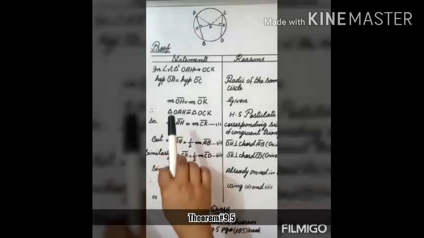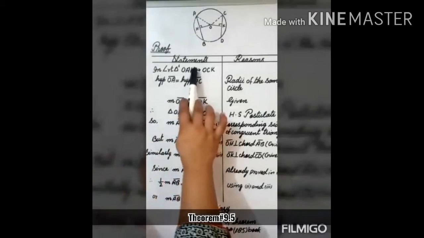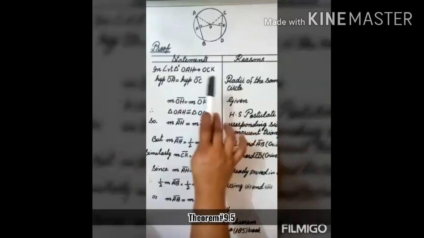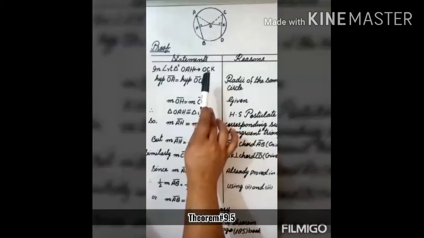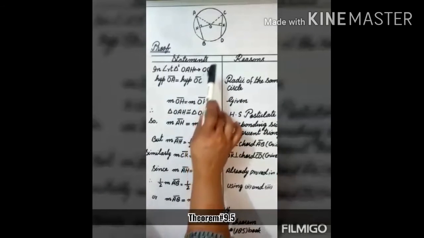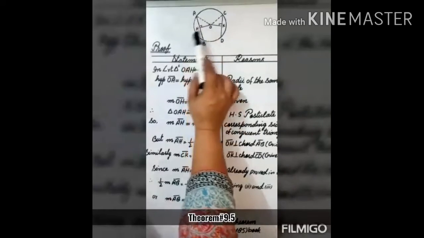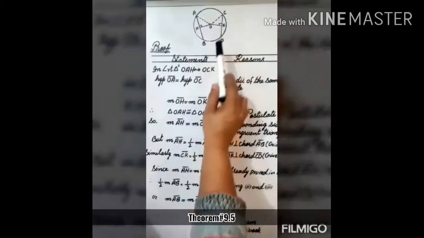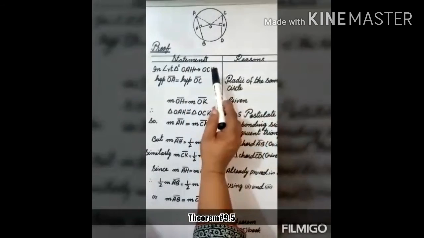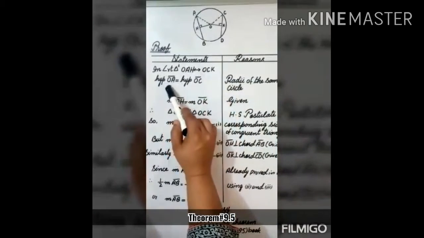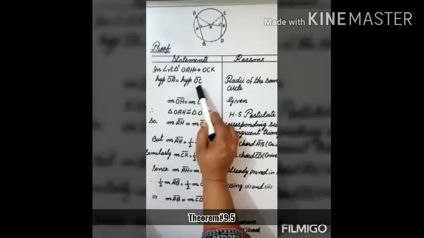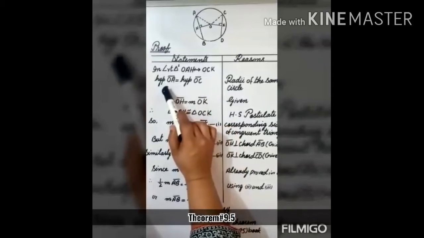Now we have the proof of the theorem. For this proof we have some statements and some reasons. Look at the diagram, students. There are two right angle triangles, OAH and OCK. In these right angle triangles, hypotenuse OA is equal to hypotenuse OC. What is the hypotenuse? Hypotenuse means the longest side of the right angle triangle, or in other words you can say that it is the side opposite the right angle.